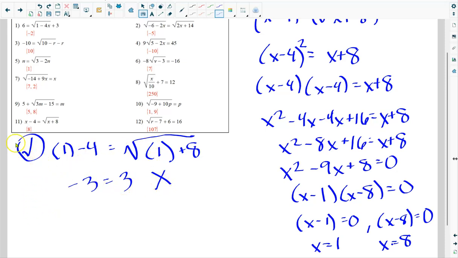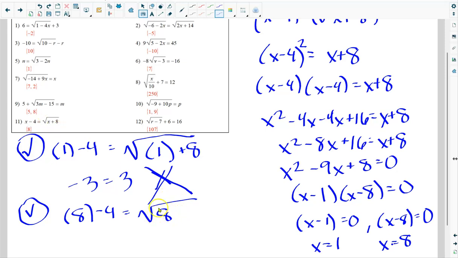Let's check the other one. I guess we can say fail. Now let's do another check over here. I'm gonna plug in 8 for x. 8 minus 4 equals square root of 8 plus 8, right?